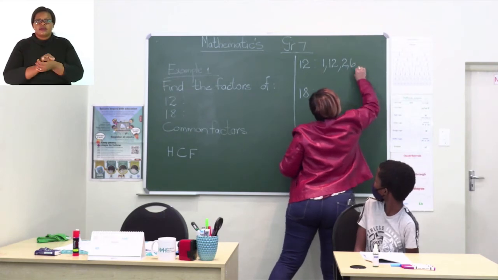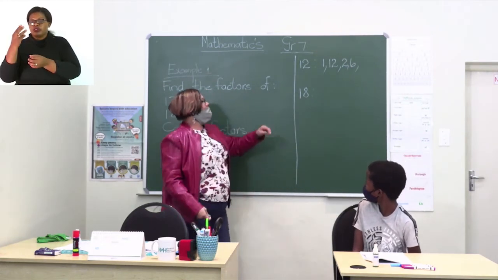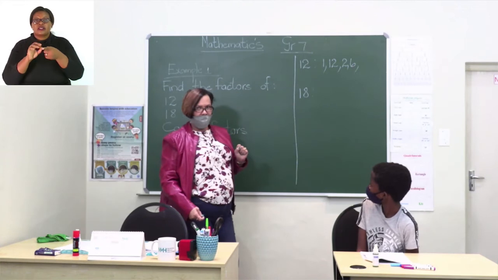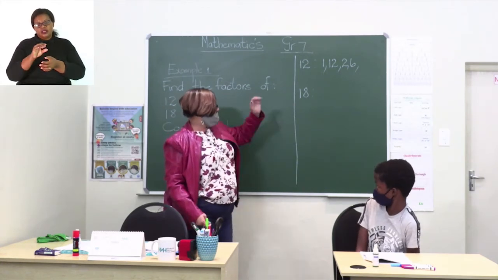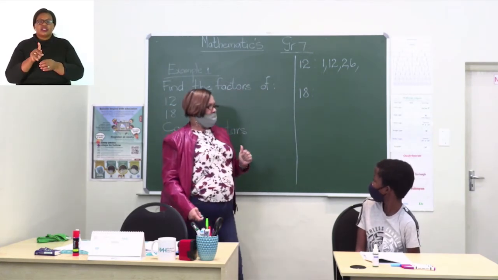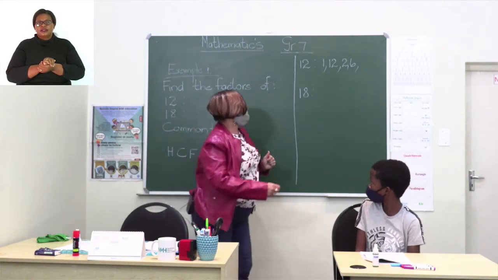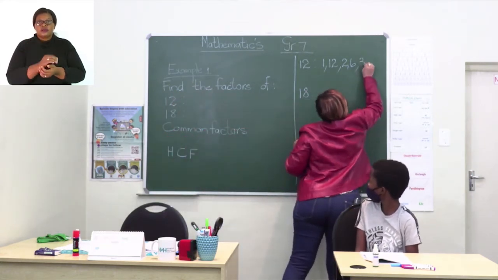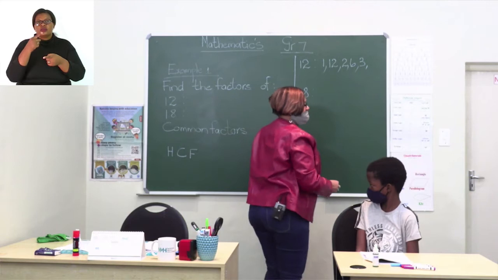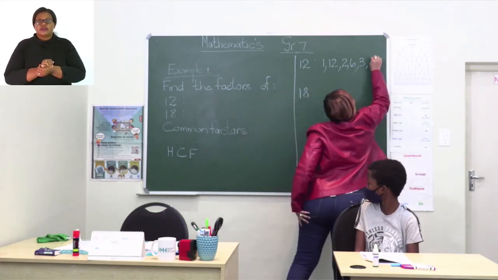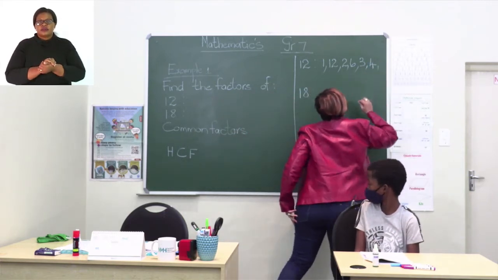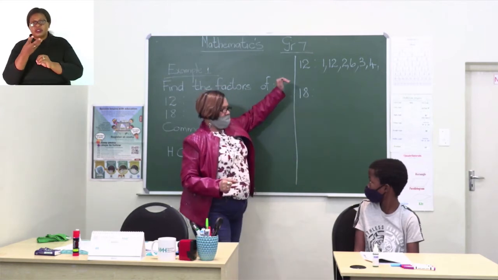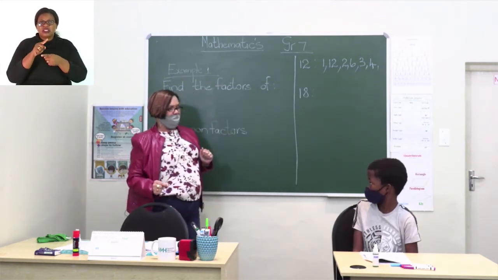So 2 as well as 6 are factors of 12. Any other numbers that can divide into 12 without leaving a remainder? He says 3. 3 divided into 12, how many times? 4 times.